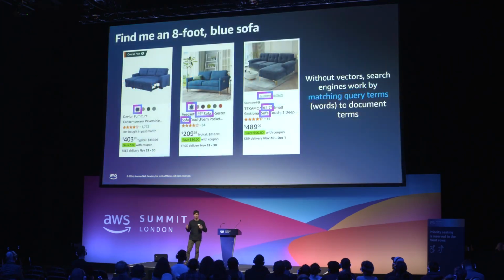You could go into Amazon.com, type 8-foot blue sofa, and get some results back. These lexical search results are probably going to be very relevant. Why? Because probably all these words that you chose are going to be present in some of the fields that describe a product. Maybe the 8-foot will be in the size description, maybe the blue will be in the color metadata, or the sofa in the product category.